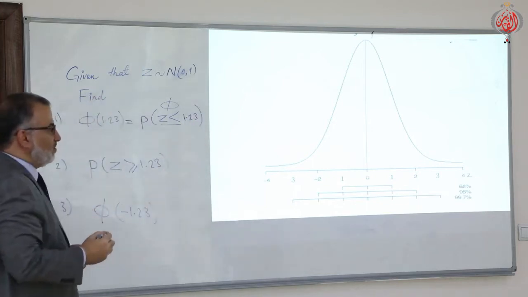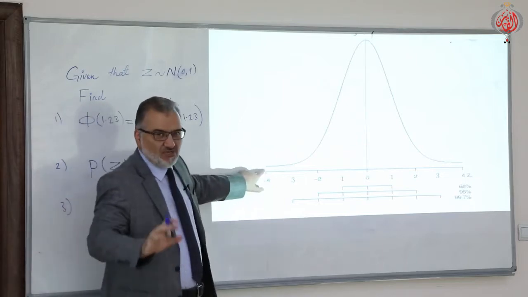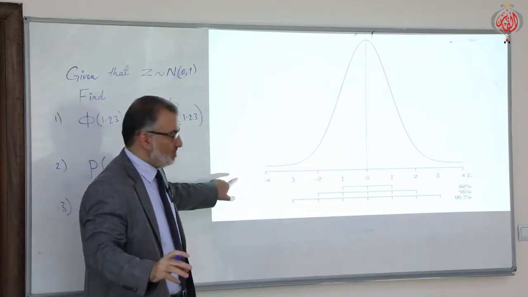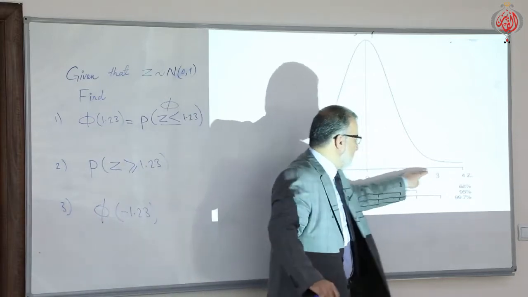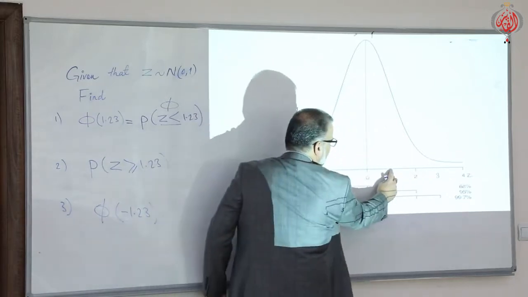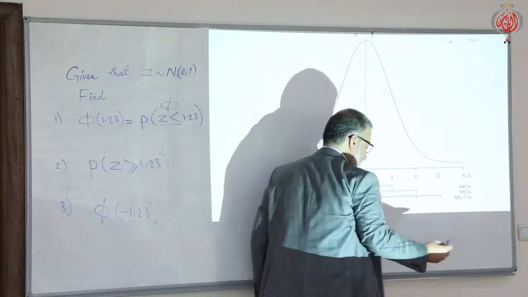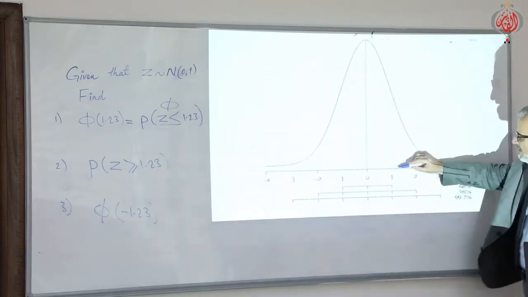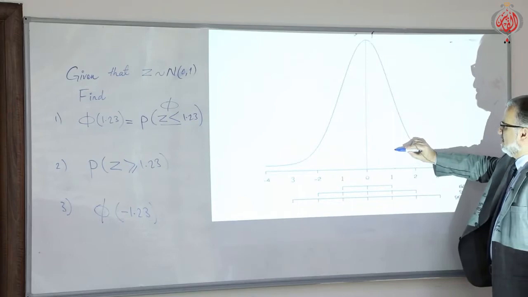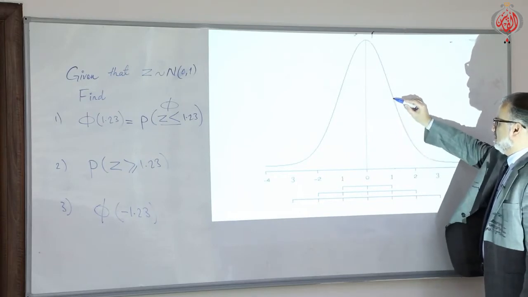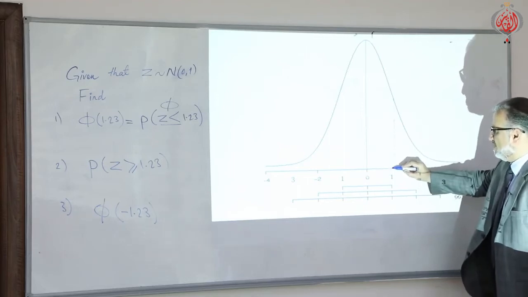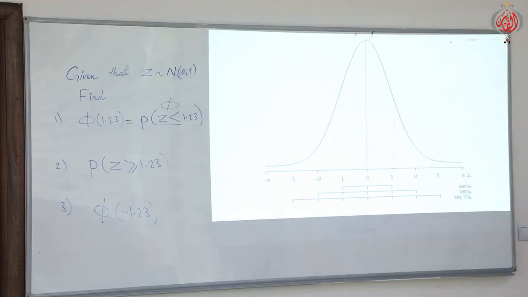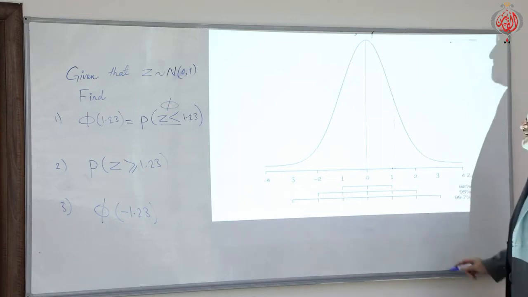If I have this normal distribution, just to clarify the concept: this is the normal distribution, and this is the value of Z. This is 1, so 1.23 is almost here. If you draw a vertical line, this is 1, and this is, let's say, 1.23. So where is phi 1.23?